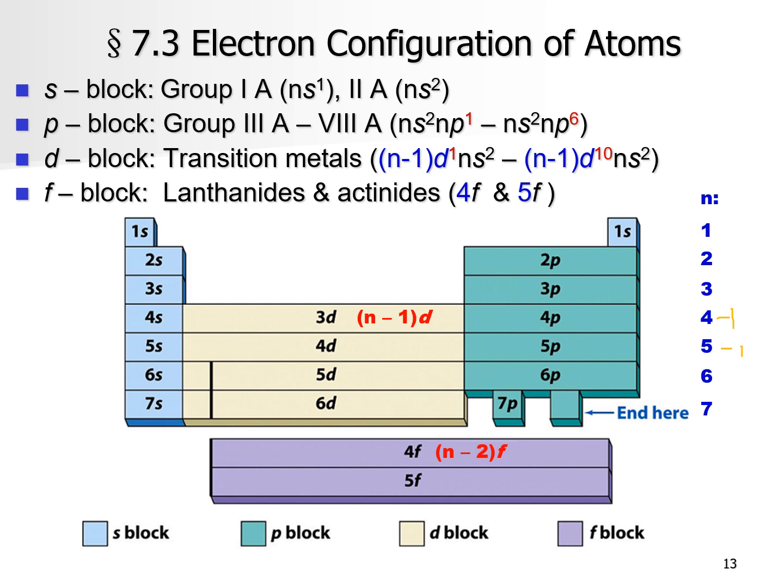For 4f to appear, it has to be the 6th period already, so that's 6 minus 2. So we start to see 4f. 4f goes right here. And for 5f, it goes right here.